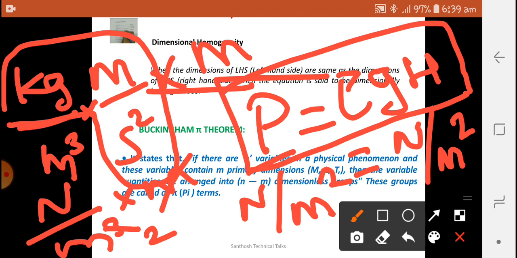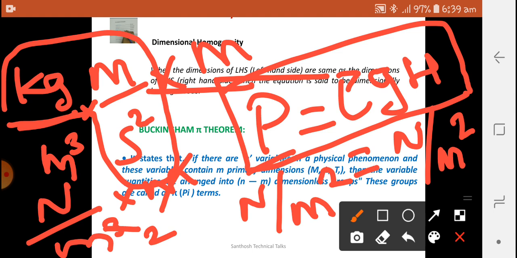In every equation you can take, it is supposed to be dimensionally homogeneous. We know that stress is equal to force by area. Force is in Newton, sorry, force is equal to Newton and area is meter square. Therefore the unit of stress is Newton per meter square. Here the other side of the formula is Newton per meter square.